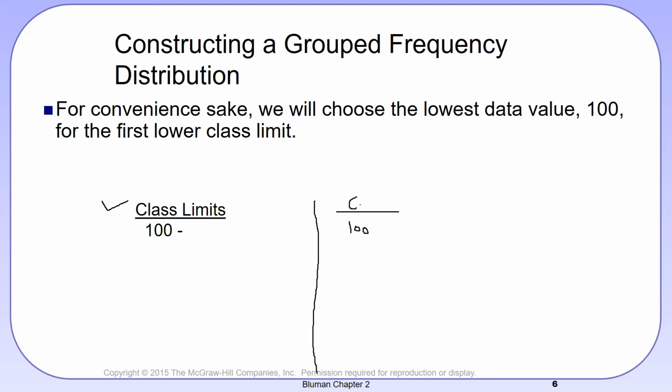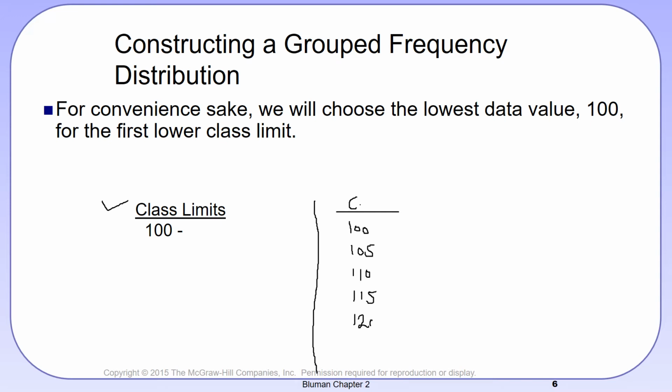Then we add 5 to 100. Why 5? Because our width of the class was 5 in the previous slide. So 100 plus 5 becomes 105, then 105 plus 5 becomes 110, 110 plus 5 becomes 115, and 115 plus 5 becomes 120.